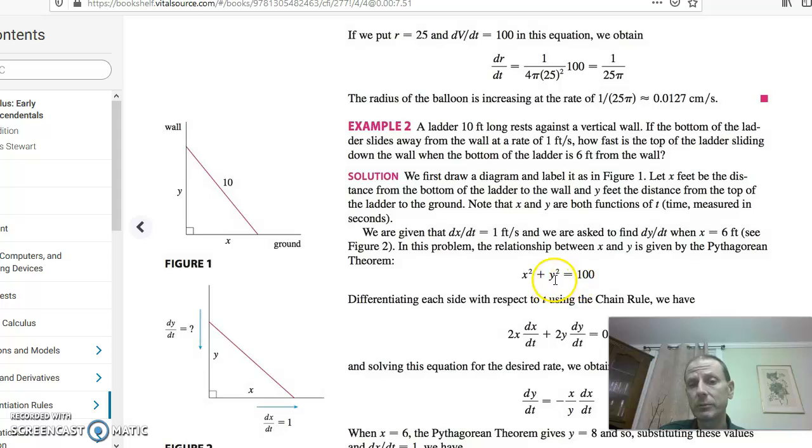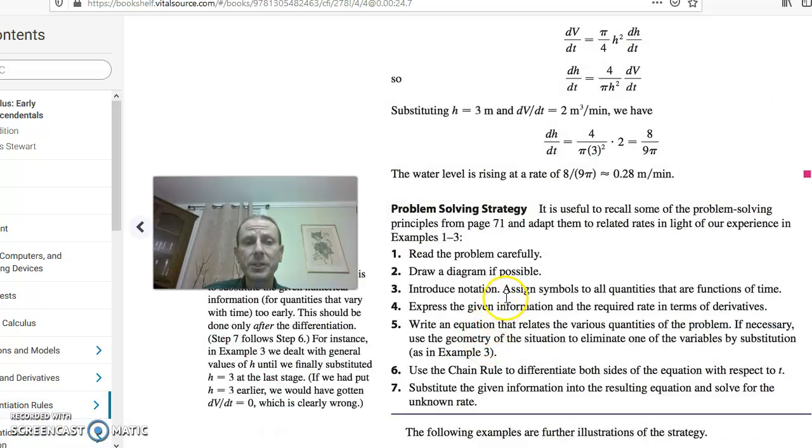And similarly, the derivative of y squared is 2y dy/dt, and then the derivative of 100 is 0, because derivatives of constants are always 0. But you have one equation relating your variables, and then you get another equation relating possibly the variables and their rates. Again, the challenging part of this is the fact that it's word problems.